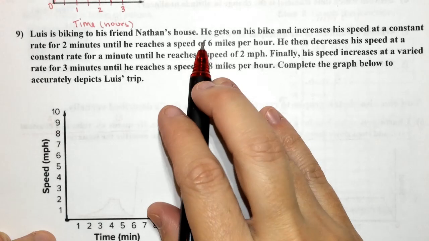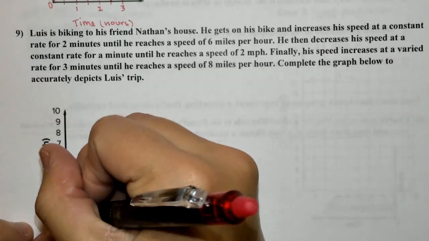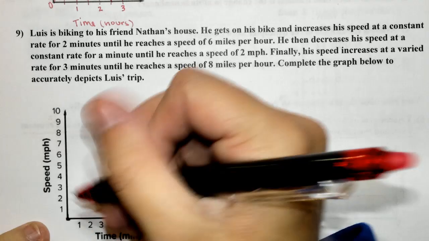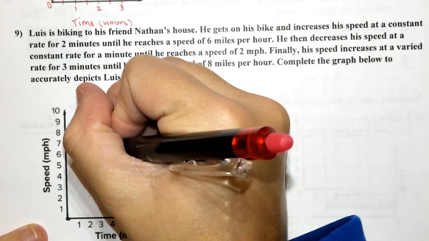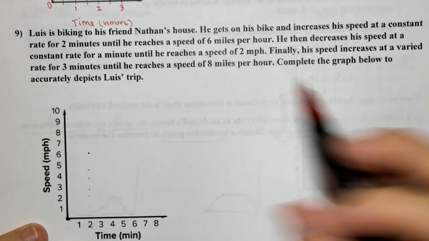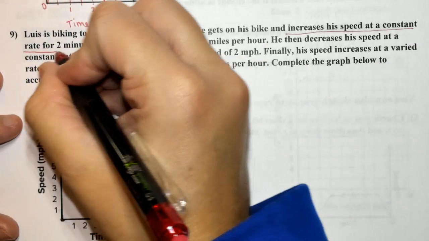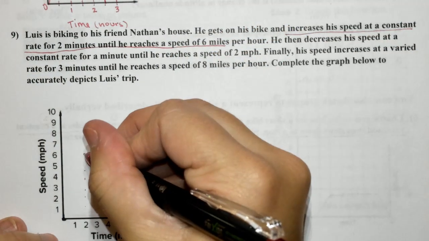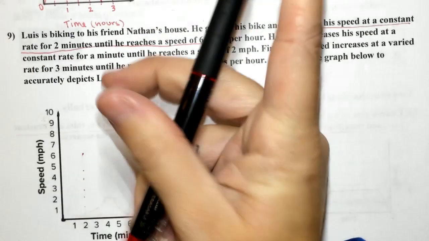All right, so he gets on his bike and increases his speed at a constant rate for 2 minutes until he reaches a speed of 6 miles per hour. So for 2 minutes, his speed gets up to 6 miles per hour. And it says he increases his speed at a constant rate. Okay, so a constant rate is going to be just a straight line. And I don't like the way that looks, so I'm going to redo mine.